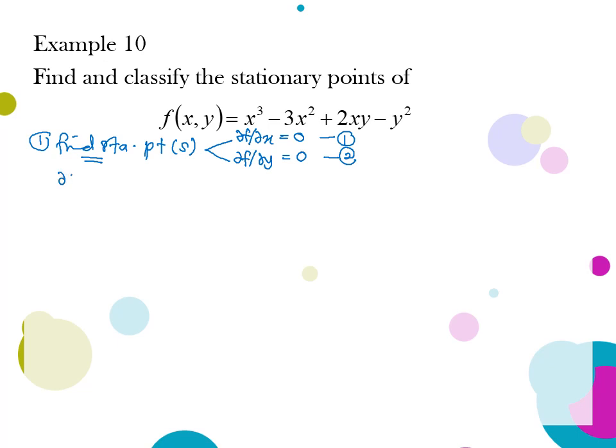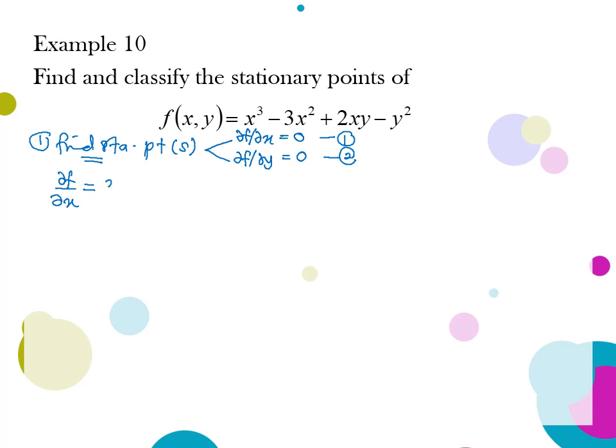Right, so del f del x is, okay, this is partial, so remember, just concentrate on the variable that you are interested to differentiate. It is x, so just concentrate on x and treat your y as a constant.